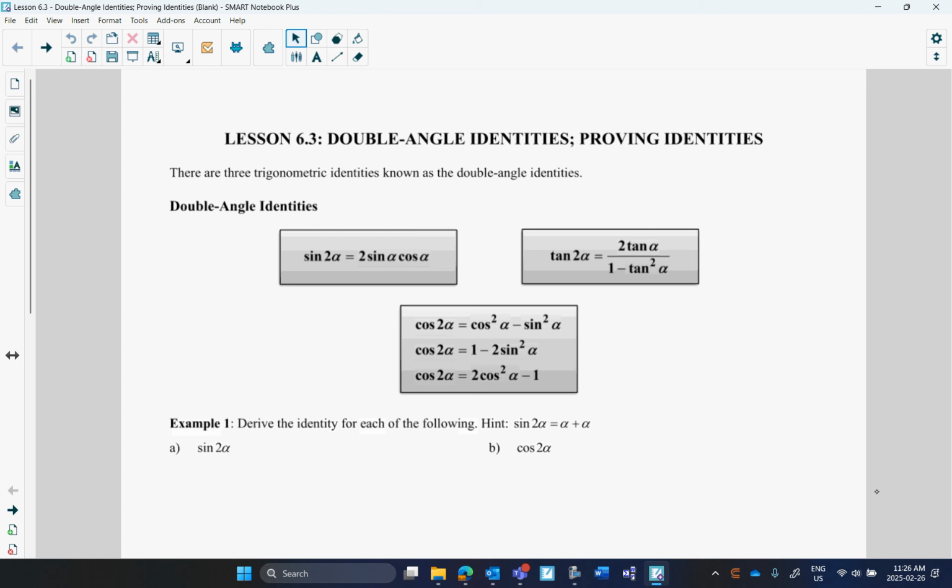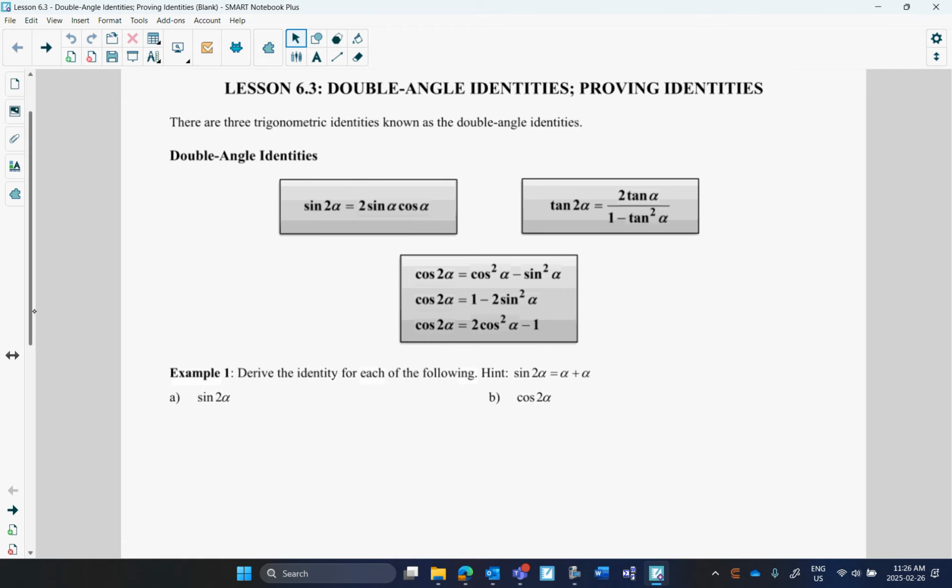But the sine of double the angle alpha is going to be 2 times the sine of that angle times the cosine of that angle. There's 1 for tan, and there's 3 for cos. And you can use any of the 3. Some questions, one of these might be easier to use than the other, but they'll all work in the end.